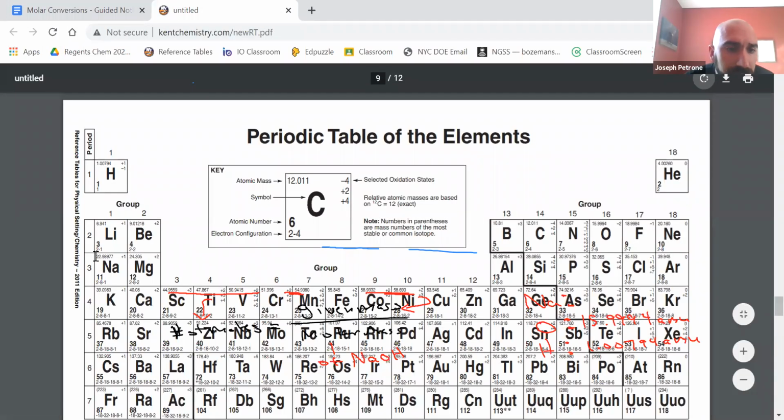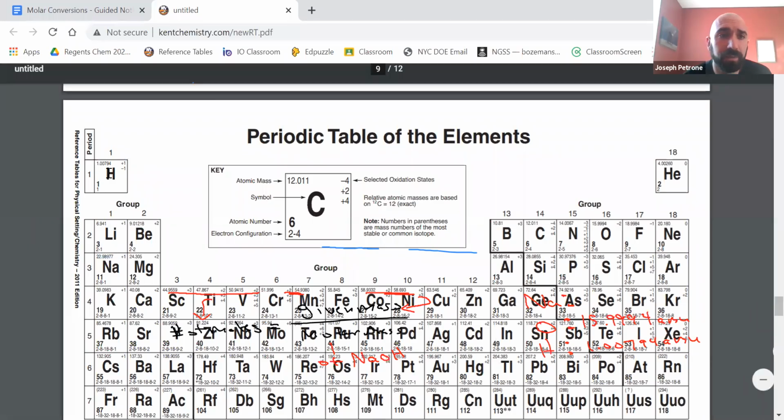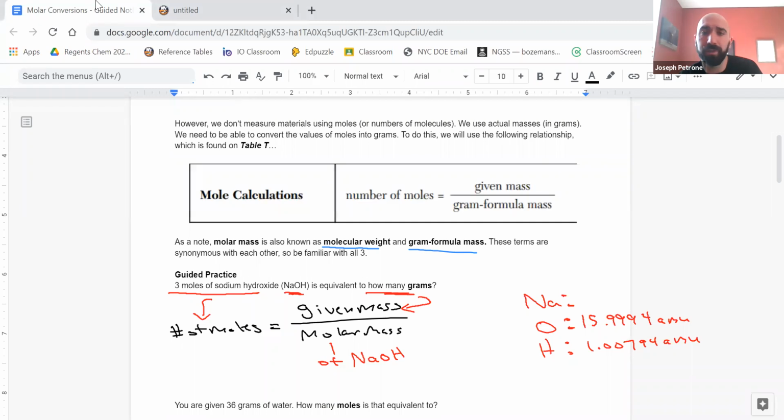So sodium is 22.98977. Let's jump back there and write this in. So 22.98977 atomic mass units. So again, we're going to add these up to get our total molar mass.